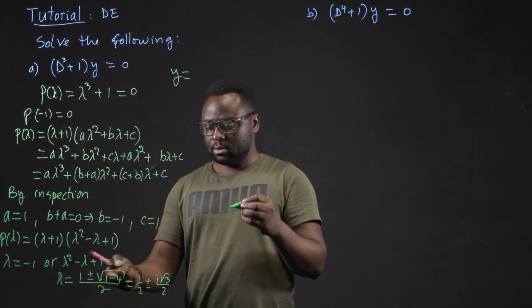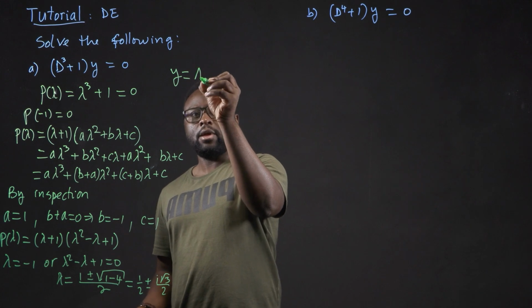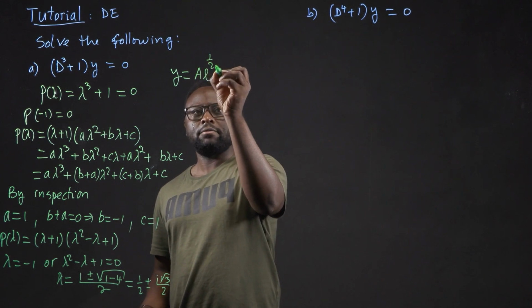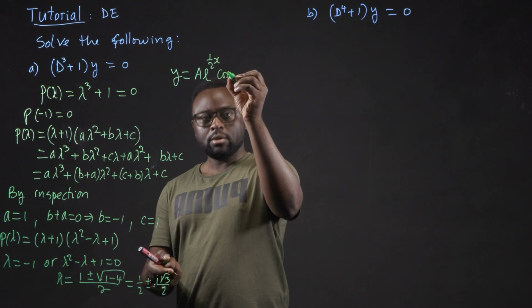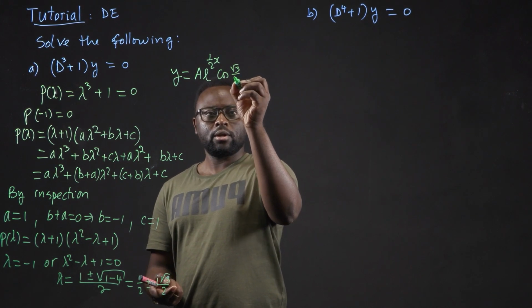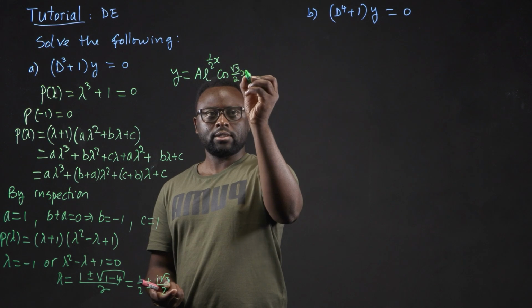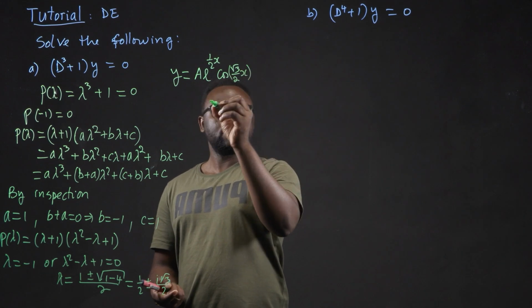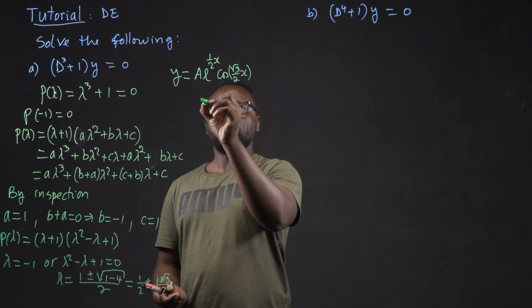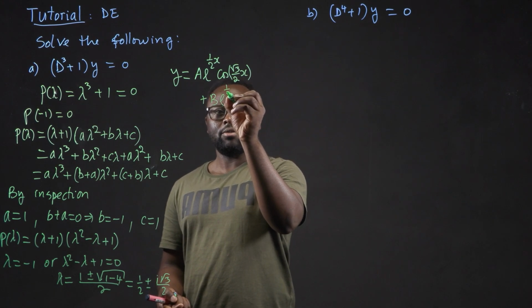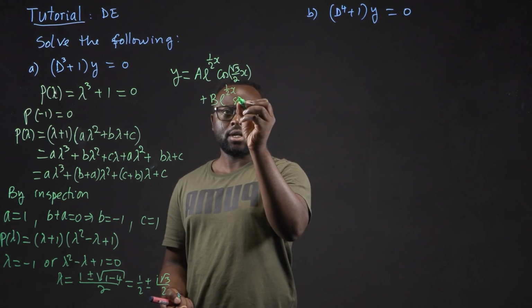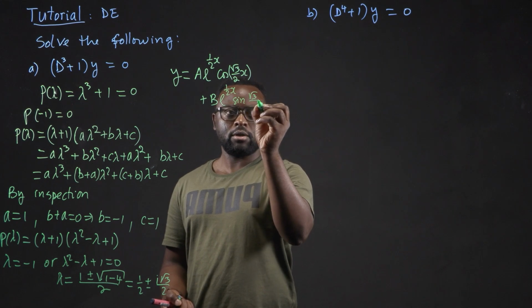The general solution in this case is just y equal to a times e to the power half of x cos root 3 over 2 x, plus b e to the power 1 over 2 x sine root 3 over 2 x.